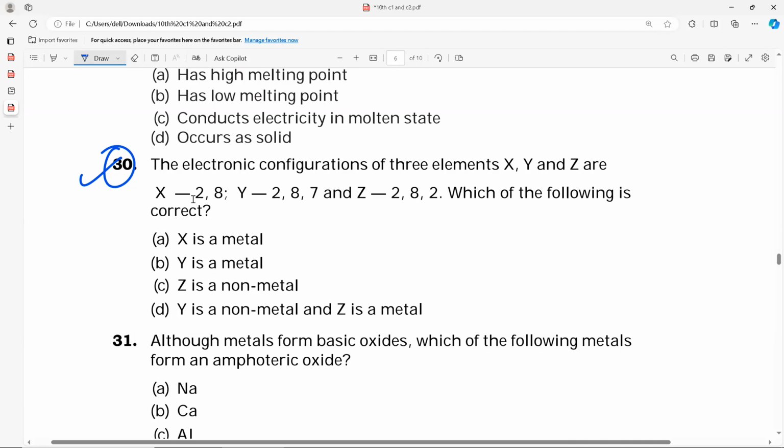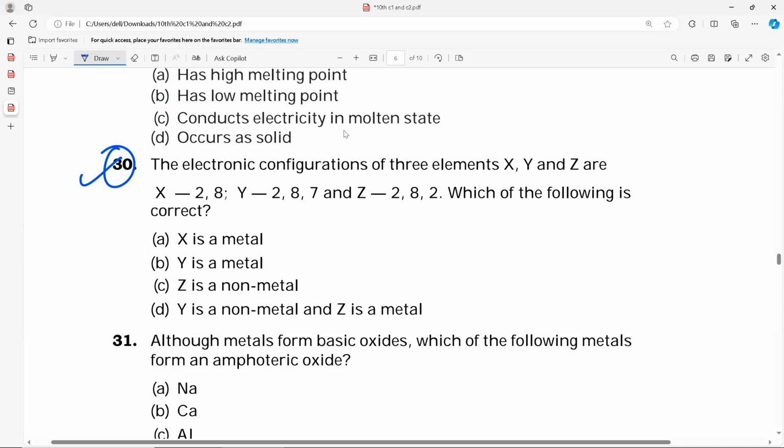Yes, Firdaus. D. Yes, Zainab. D. Y is a non-metal and Z is a metal. Yes, Abdul Kavi. D.